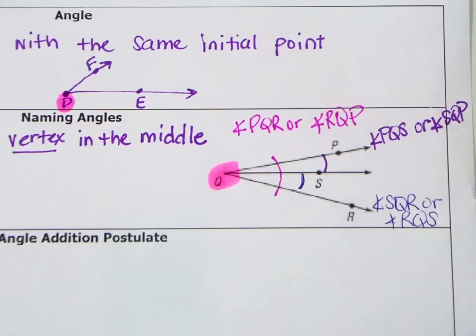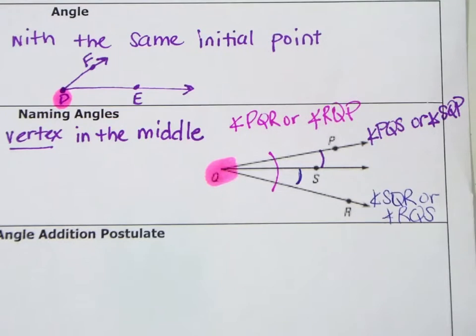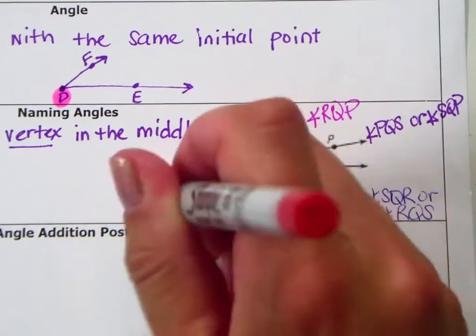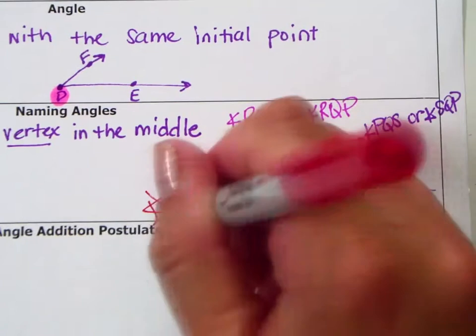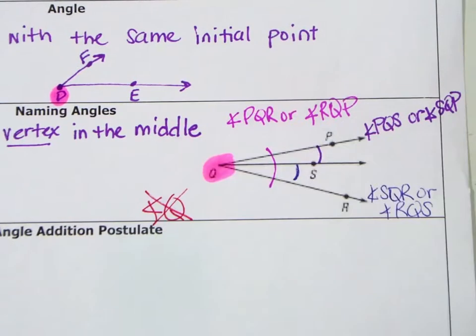Now, here's what we cannot do in this example. We cannot name any of these angle Q. Here's the reason for that.